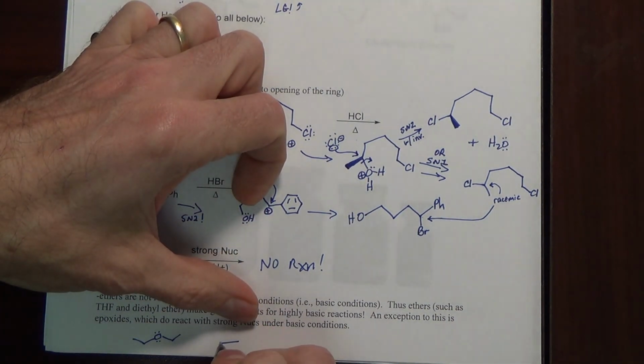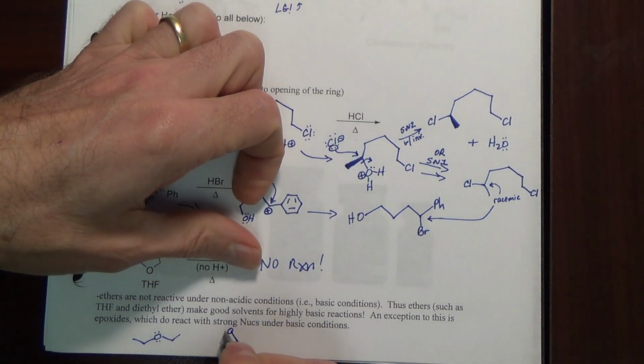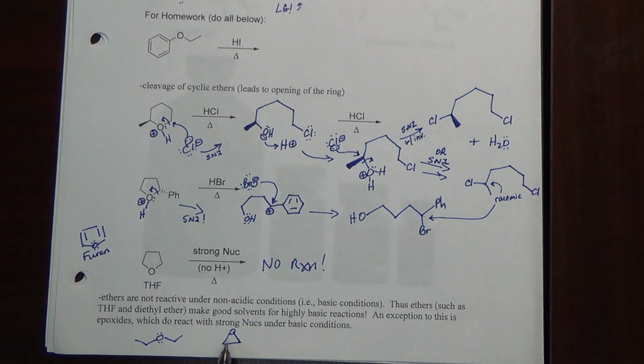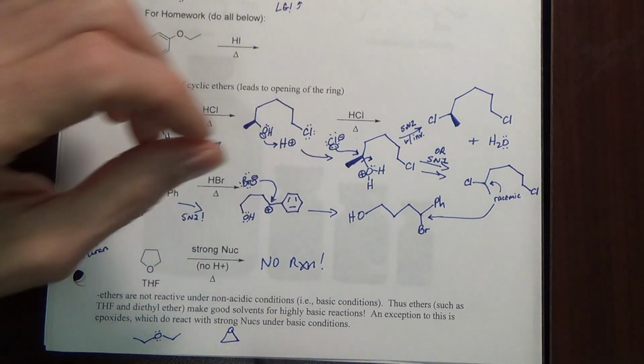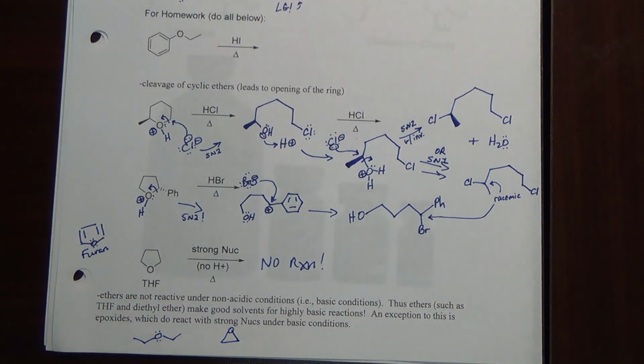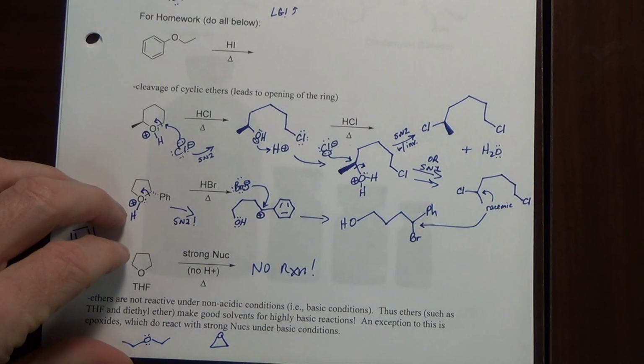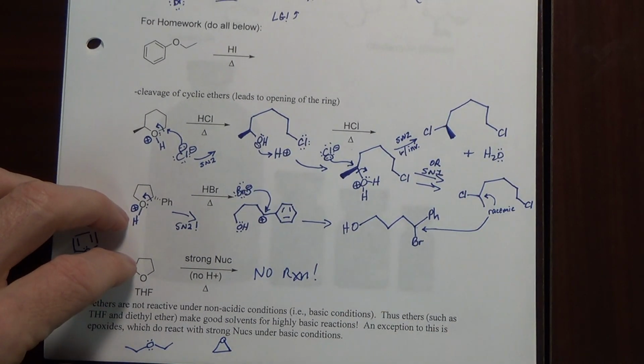An epoxide, we will see, is a 3-membered ring oxygen, cyclic ether. These will react with strong nucleophiles under basic conditions. That's because of the ring strain. And we will cover those in a different handout.